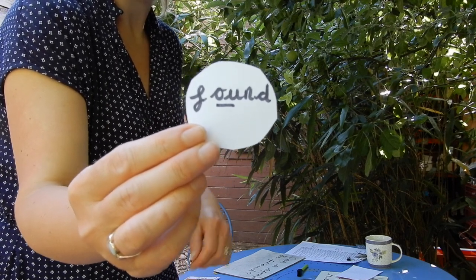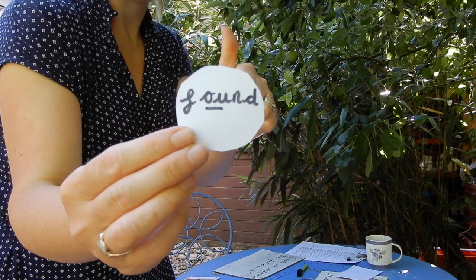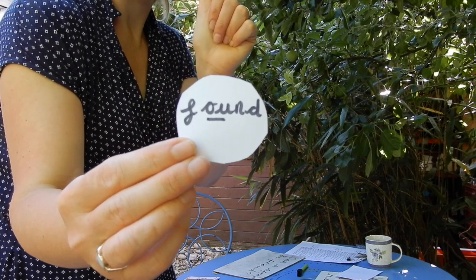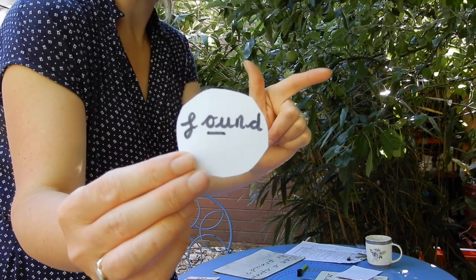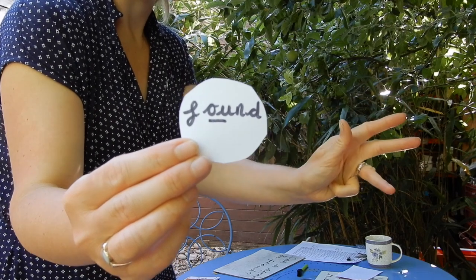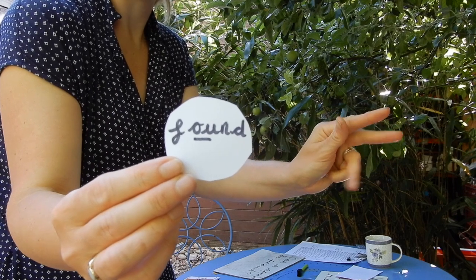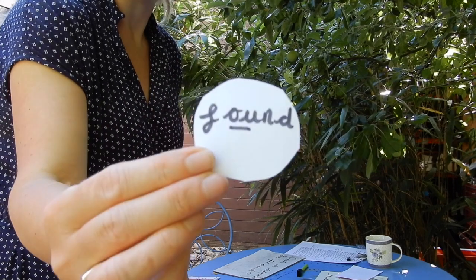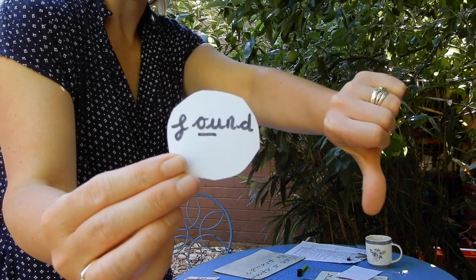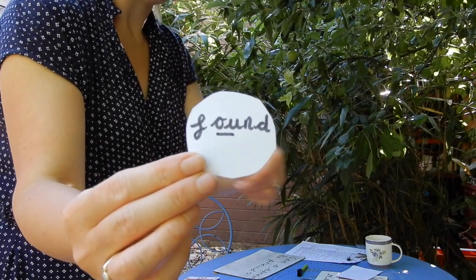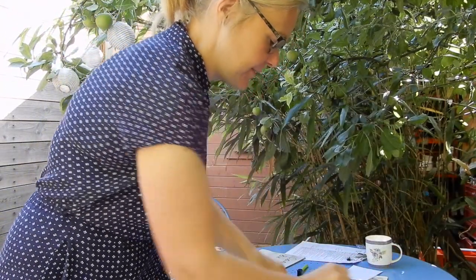But I'm going to go through it now. I've got the new sound of the day, o and u, making the ow sound, then an n, then a d, found, found. It's found. Real or rubbish? Found is real. I found my shoes in the cupboard.